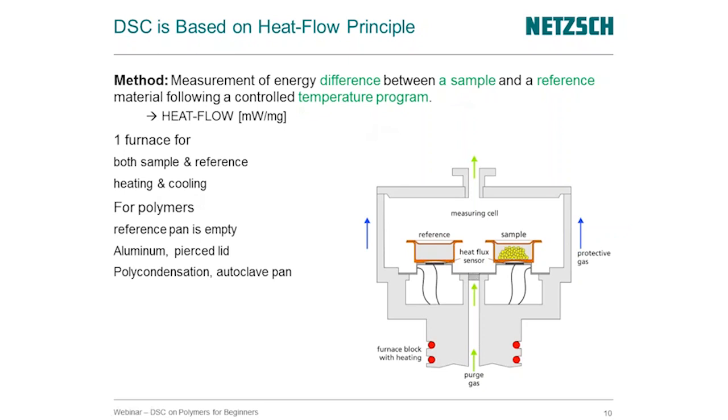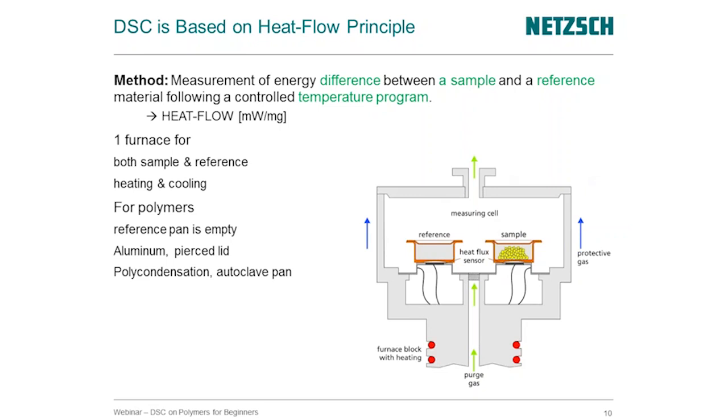So in the heat flux model for DSC, we've got a single furnace. Hopefully you can see my cursor as I circle the typical heat flux DSC cell and sensor. You've got a heat flux sensor where we put a sample on one side inside of a crucible. Some people call this a sample pan. I usually like to call it a crucible, but we'll use those interchangeably. The sample sits on one side.